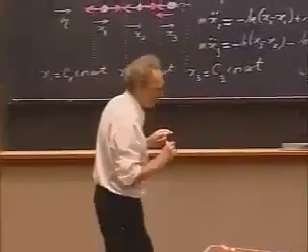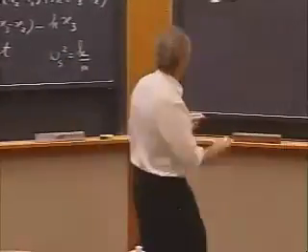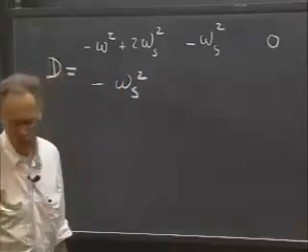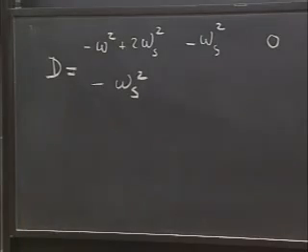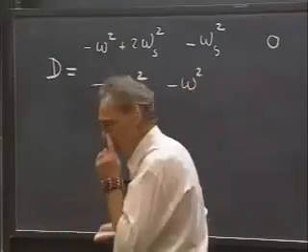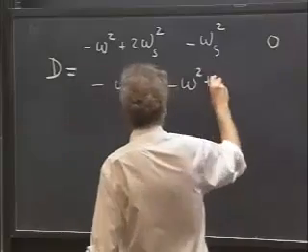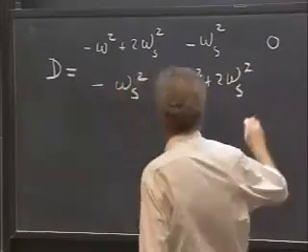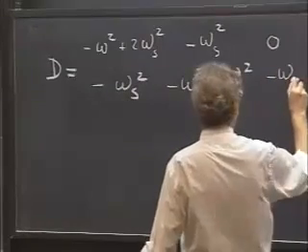So now you don't see zeros. And so what you're going to see is minus omega s squared. That's going to be the C1 term. And then you get here minus omega squared, I think it is plus 2 omega s squared. And your last column is going to be minus omega s squared.